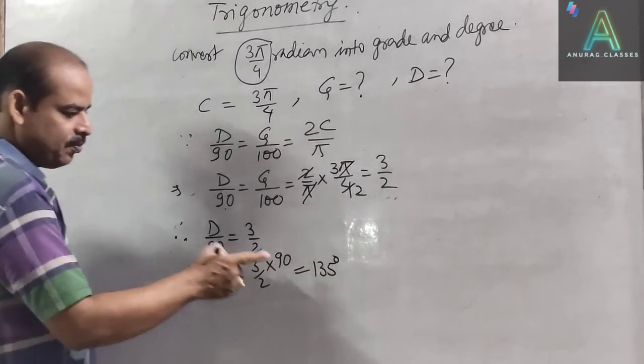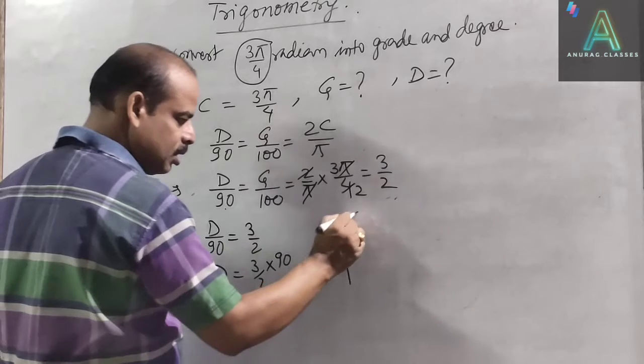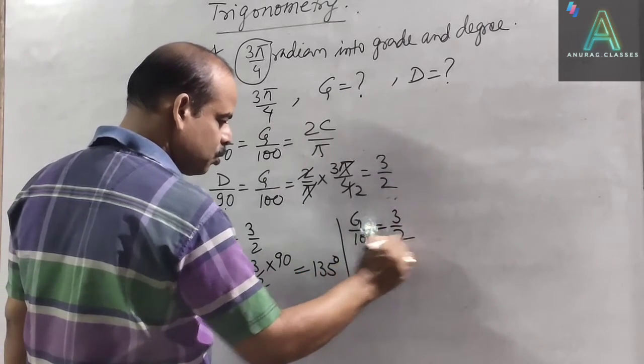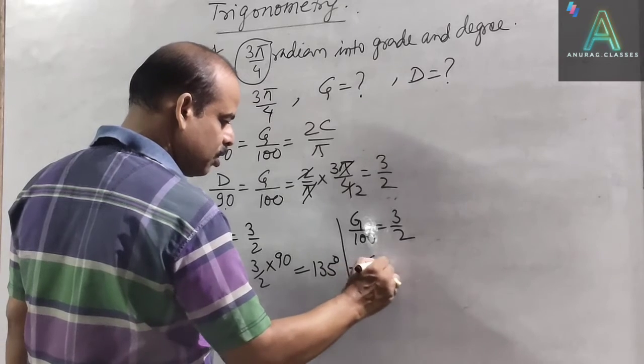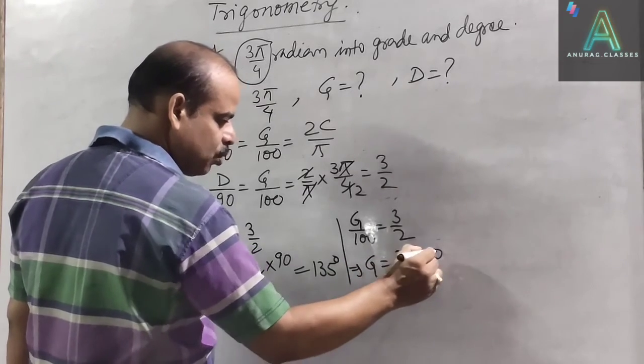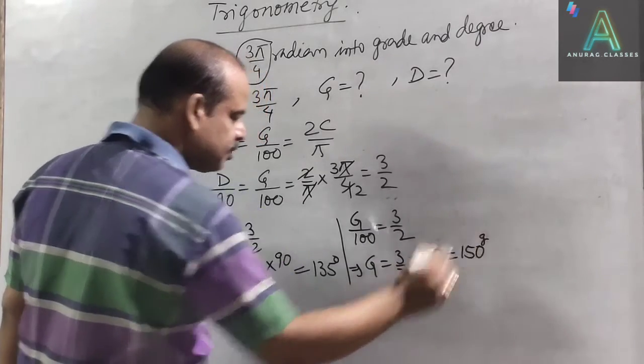So value of degree will be 135 degree, and if you compare these two relations, that is g by 100 is equal to 3 by 2. So g is equal to 3 by 2 into 100. Again 52 is 100 and 53 is 150. So 150 grade.